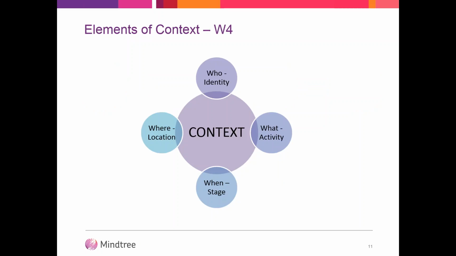What refers to the activity. So at one point in time, I'm interested in doing a certain activity, which is based on a certain outcome. Either I want to achieve something, or in some cases I want to become something. So that also provides context, where definitely that is important.